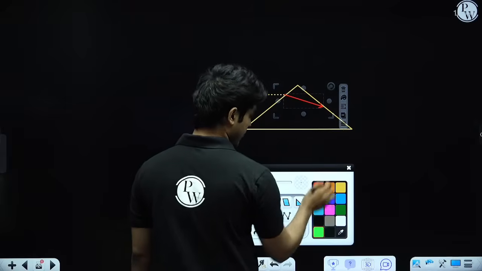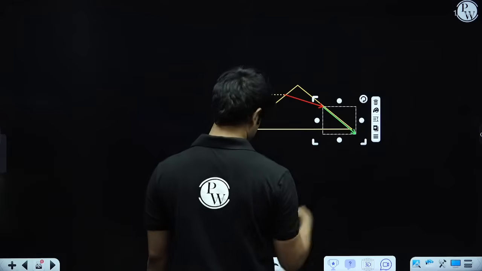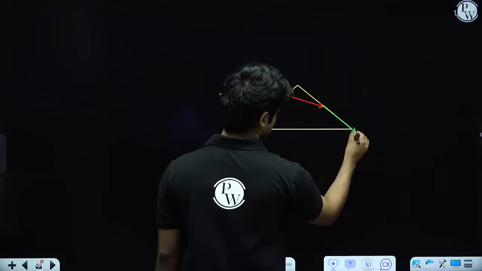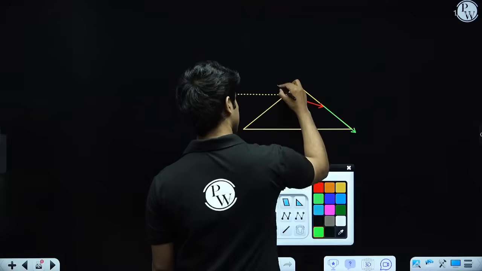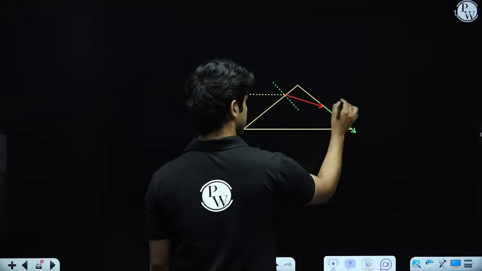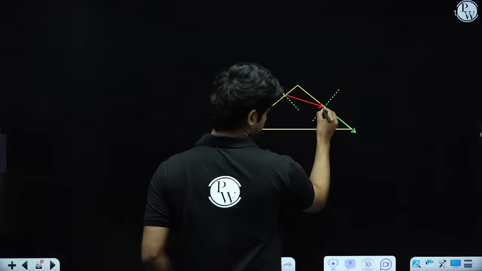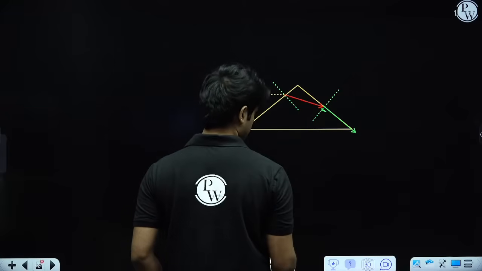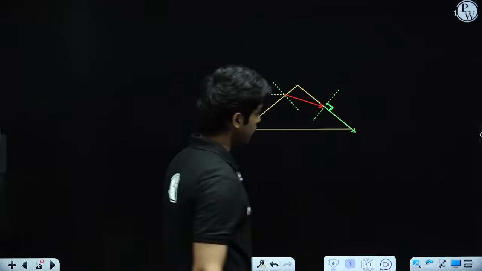After the refraction at that surface, it grazes parallel to the surface like this. We'll draw normals at these two surfaces, first normal, second normal. So this angle is 90 degrees, which is the angle of refraction.